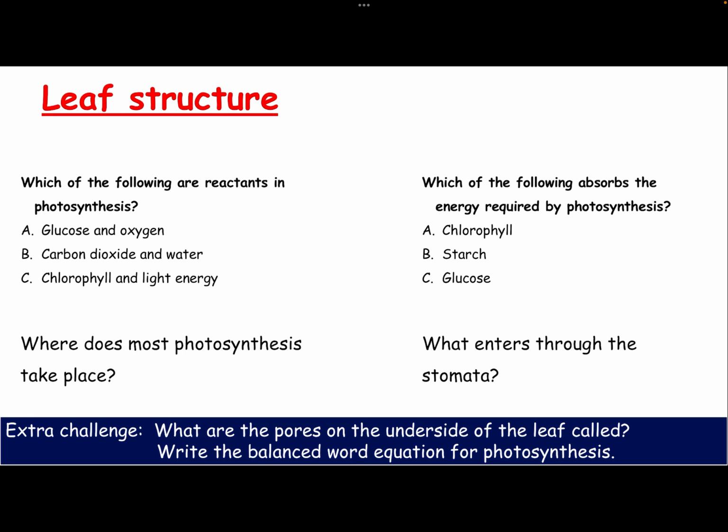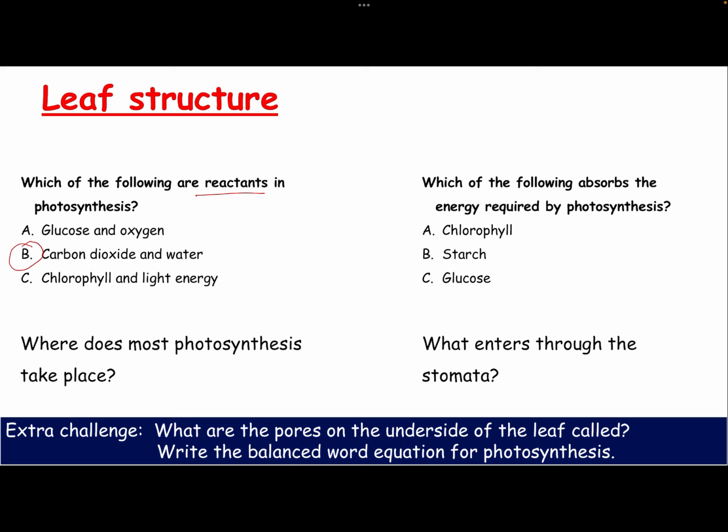Okay. Now here we have some multiple choice questions, so you can pause the video and have a go. Which of the following are reactants in photosynthesis? So for photosynthesis you need carbon dioxide and water, because it says reactants.